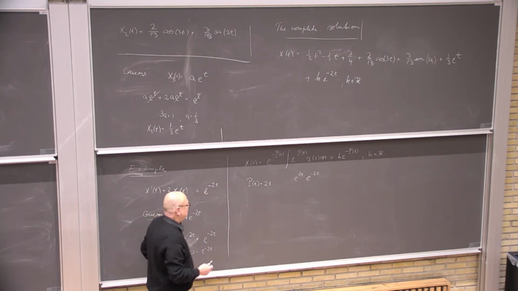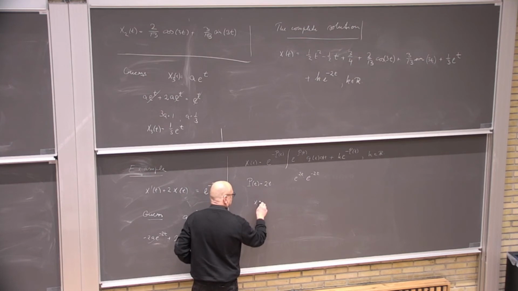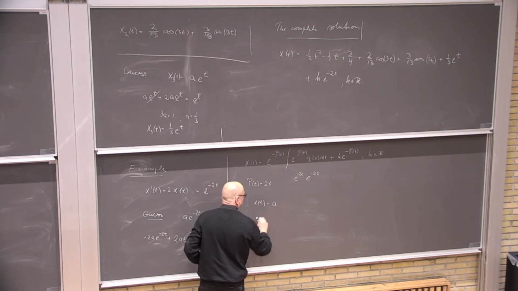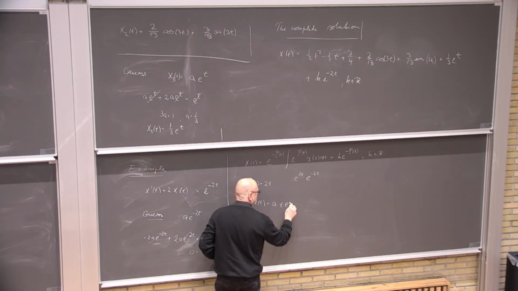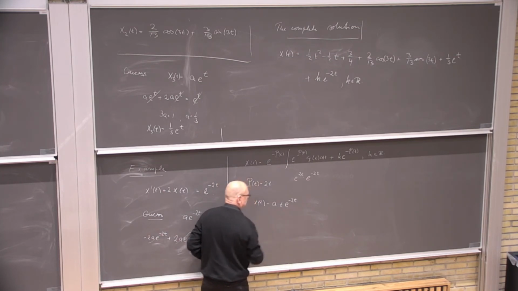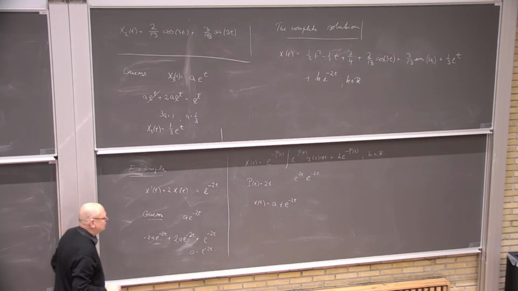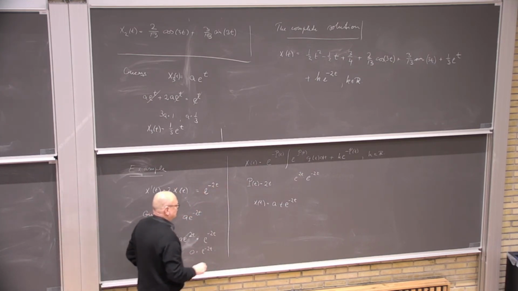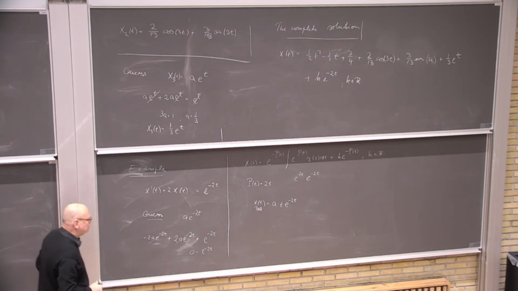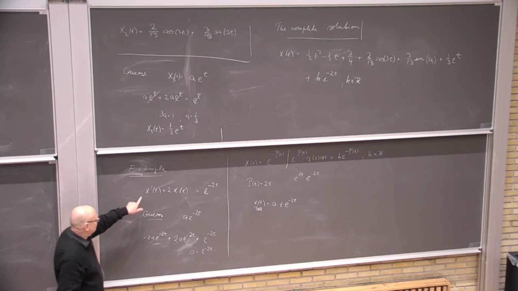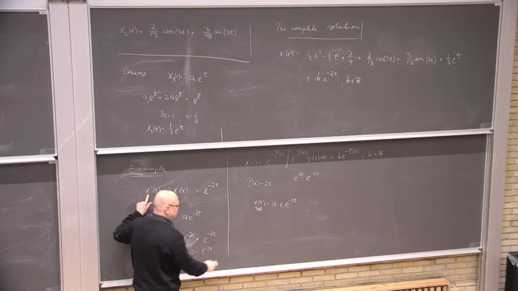So let's try that. Let's try a solution of the form a times t times e to minus 2t. So this is a guess, and I should call this a particular solution. Let's put it into the equation. Here we have to take the derivative.